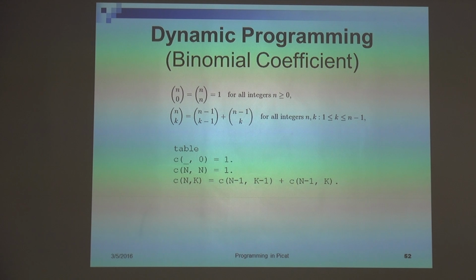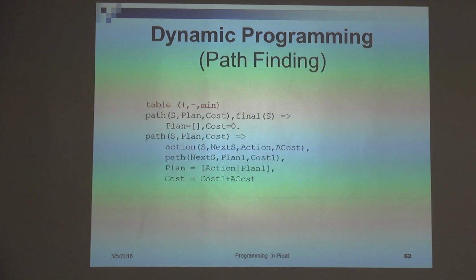So, question: how are you going to compute this binomial coefficient? Well, we have the recurrences here. So in Picat, you just write the recurrences and then say table. Then it's done. It's faster, and it doesn't overflow.